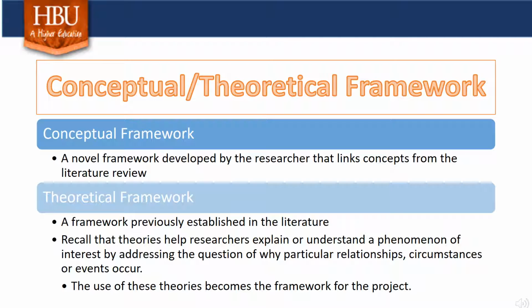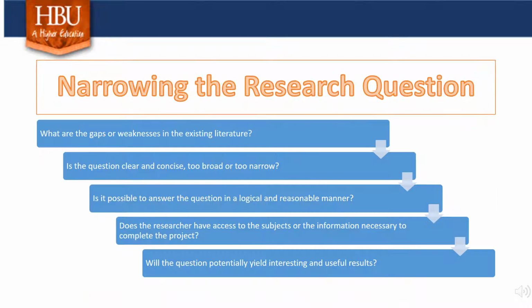Maybe we want to look at it from a sociological lens to understand the relationships. That gives us an easy example: when we look at things through different lenses, we'll examine them in different ways. Our theoretical framework will help us do this. We'll connect it to theory, and those theories will be our guiding lens for our research.